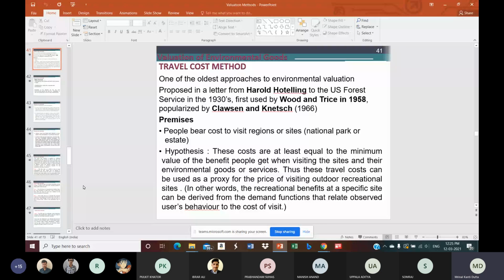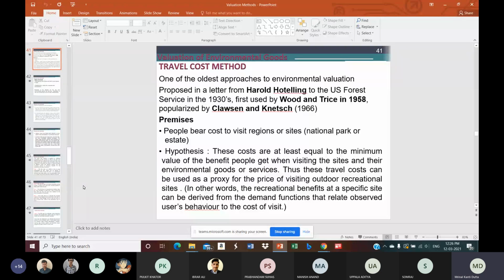So the hypothesis is something like this: the cost that the people will be spending is at least equal to the minimum value of the benefit that the people will be getting when visiting the sites and their environmental goods or services. Otherwise, they will not be spending this much.